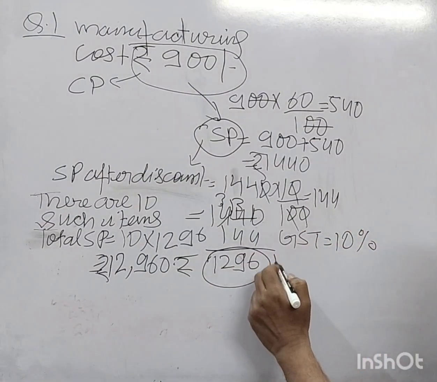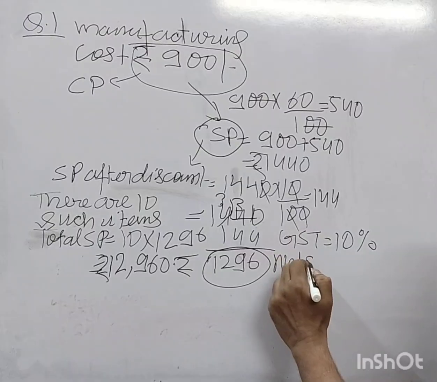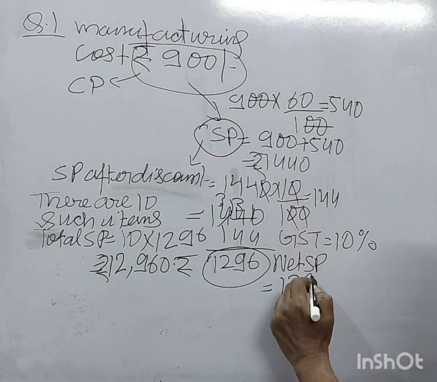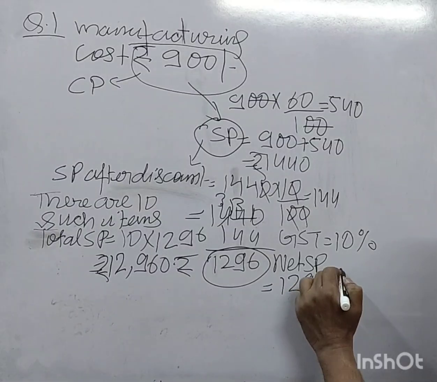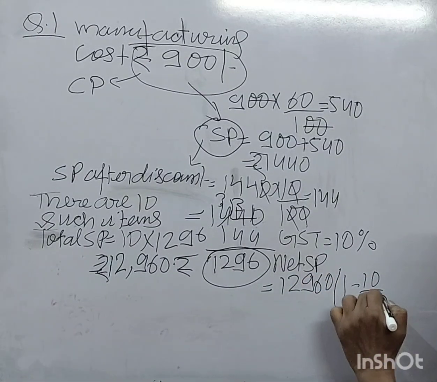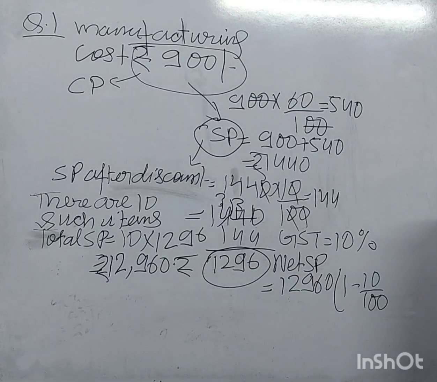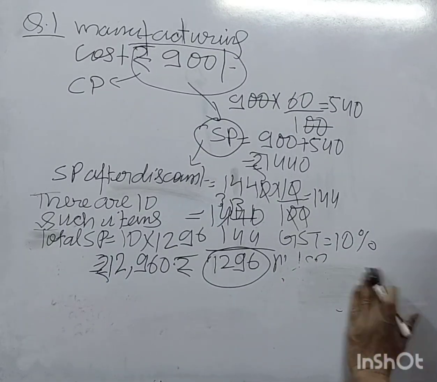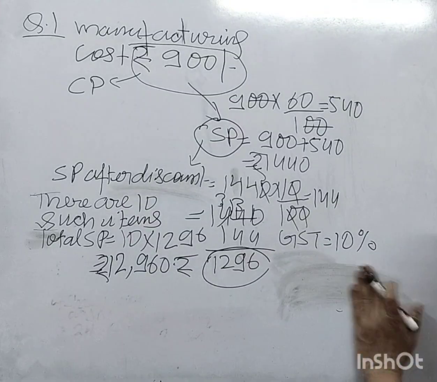So net SP is equal to 12,960 bracket 1 minus 10 upon 100. He wants how much GST he paid, na? So amount of GST we have to find.